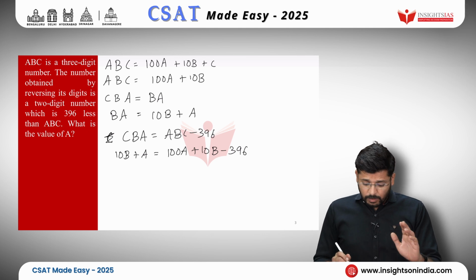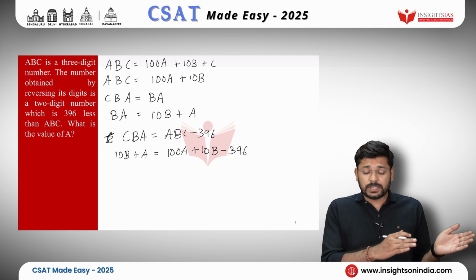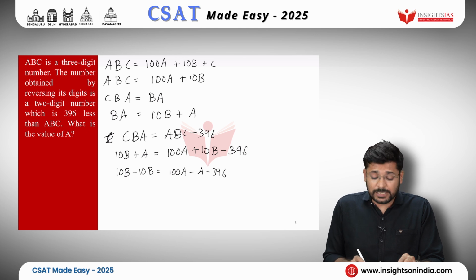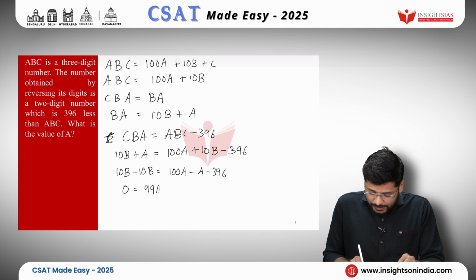Okay. Now we shall take all the A's to one side and all the B's to one side. So 10B minus 10B is equal to 100A minus A minus 396. Now 10B minus 10B would be 0. 100A minus A would be 99A minus 396.